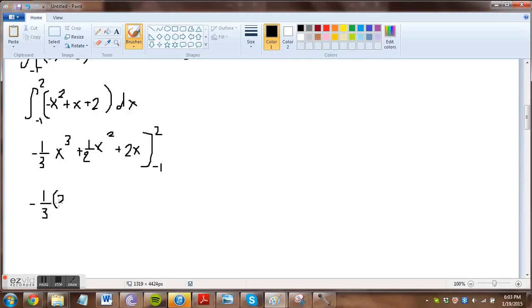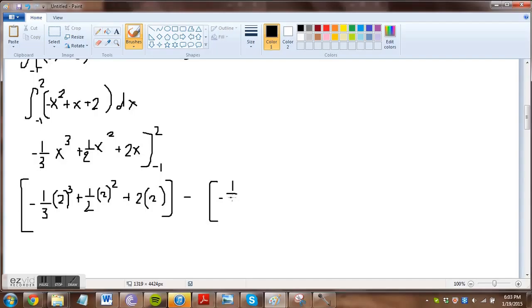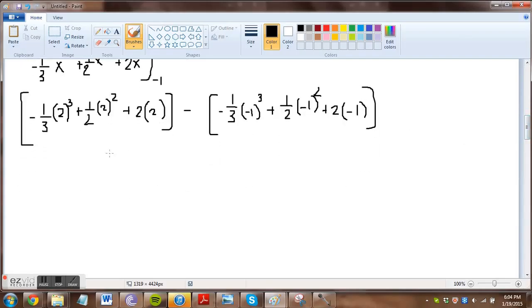And once you plug in the values, you get -1/3 times 2 to the third plus 1/2 times 2 to the second plus 2 times 2, minus -1/3 times negative 1 to the third plus 1/2 times negative 1 squared plus 2 times negative 1.